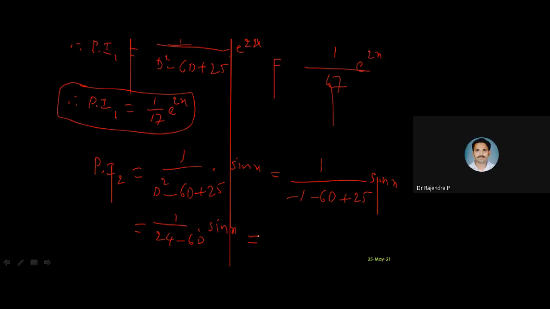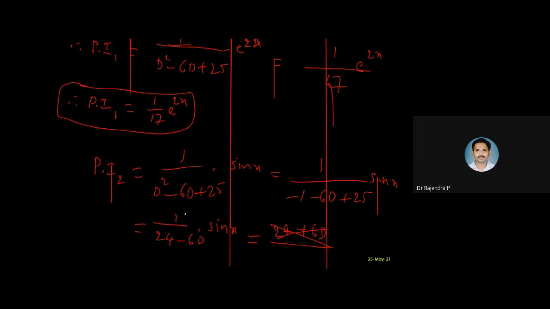Rationalization. So I can go like this: 24 plus 6D by 24. Otherwise we can take 6 common also. Yes, that is a good idea, because otherwise we have to go to 24 square. So better you can take 6 common.